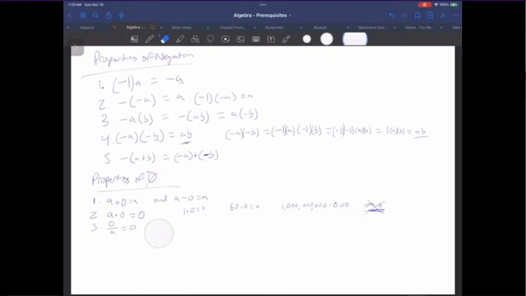I mean a as in the letter A, 1/a of something. That's the same thing there, so you're always going to get 0 because 0 times anything is equal to 0. However, a cannot be 0. What is 0 divided by 0? We don't know. That's undefined. So a cannot be 0.